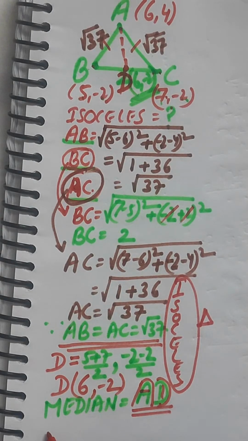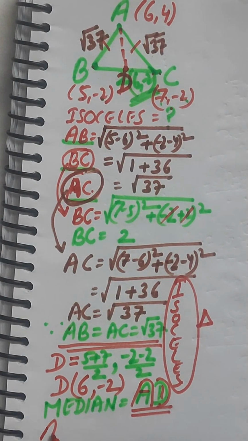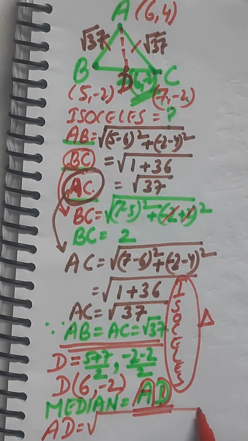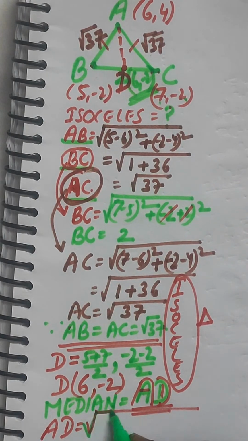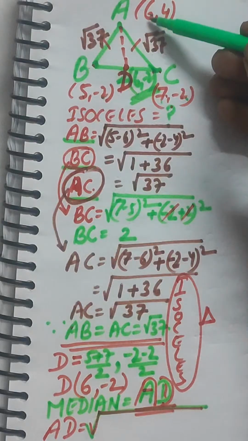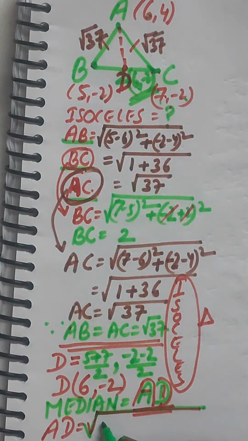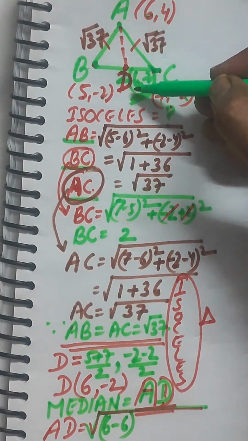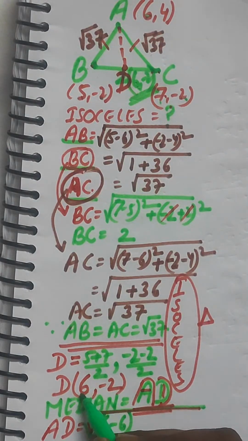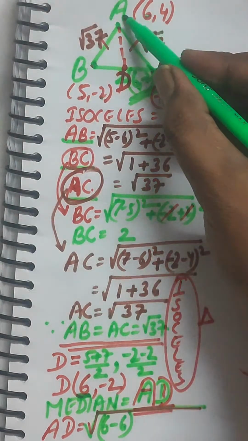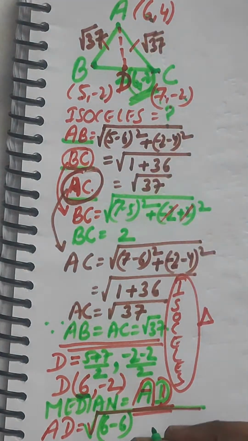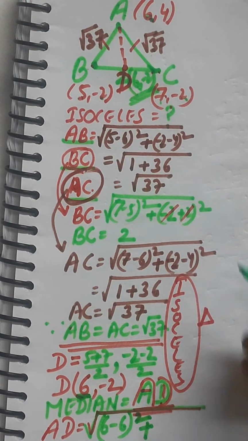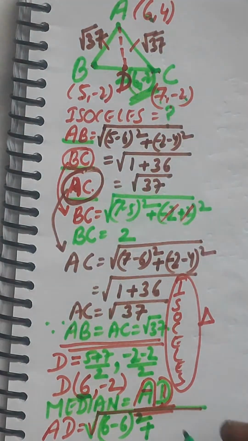So median AD can be calculated as root over of, first subtract the abscissa part. 6 minus 6, the abscissa of D is 6 and the abscissa of A is also 6, so 6 minus 6 is 0, squared, plus, under the root, minus 2 minus 4 whole square.